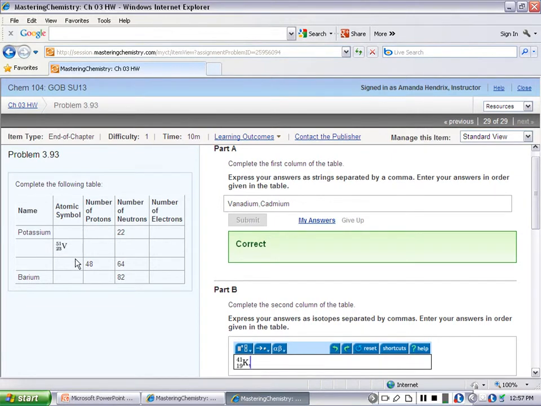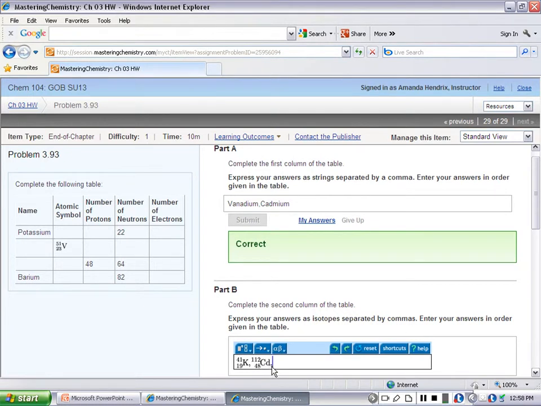We have the vanadium filled in, our atomic symbol, so we're going to move down to our third and fourth row. We found that for cadmium we had 112 and 48. We click outside and then place our symbol there.